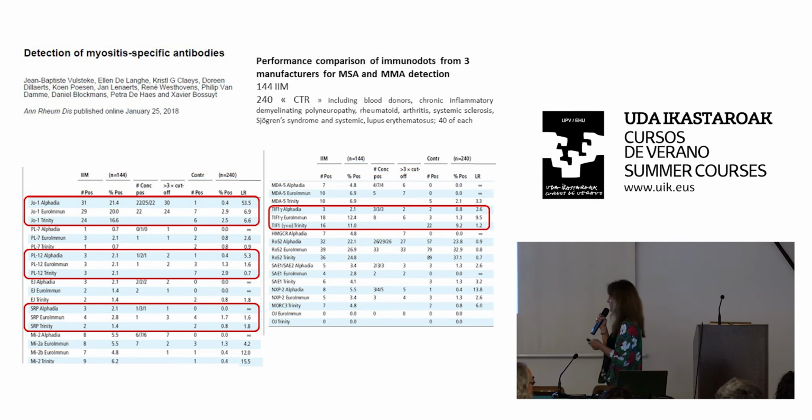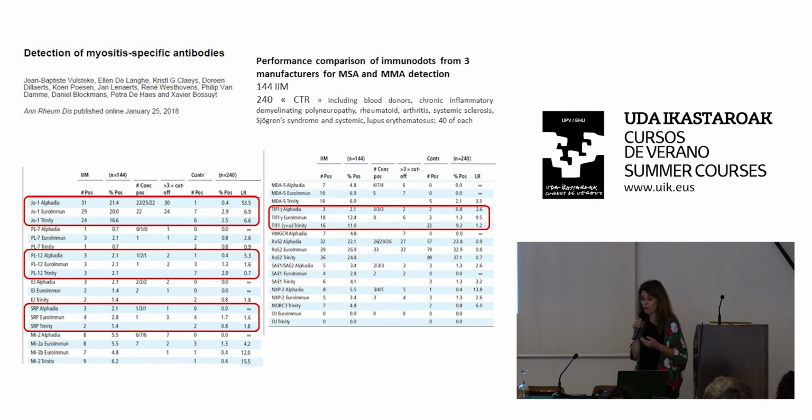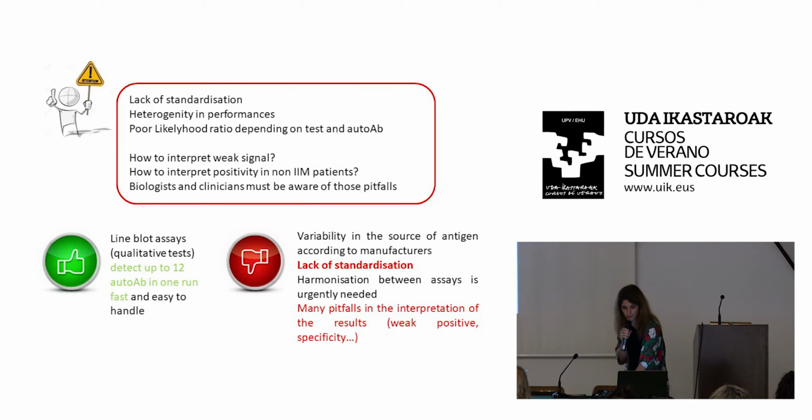So it's difficult, but the laboratory must be aware of that and must be able to communicate with the clinician in order to discuss the best option for detection of the antibodies.